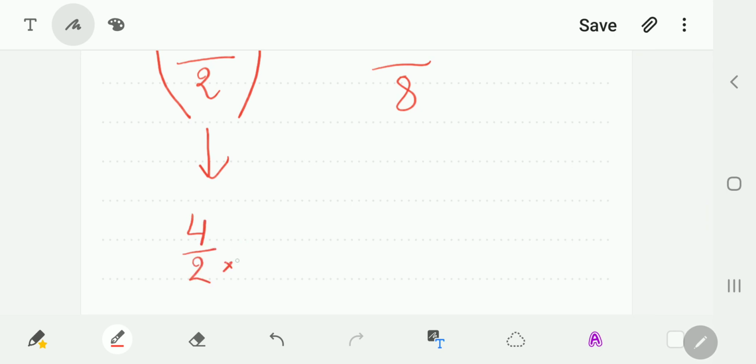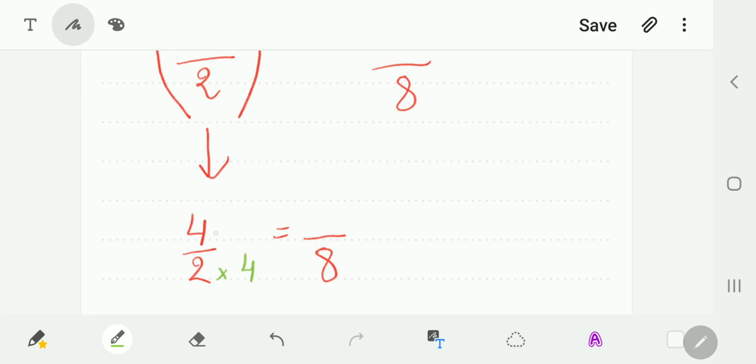I'm gonna multiply the lower number with some number to get 8 in the bottom. So what do I multiply 2 by to get 8? Obviously 2 times 4 equals 8. So I multiply the same number in the upper. So let me just use a different color. 2 times 4 equals 8.